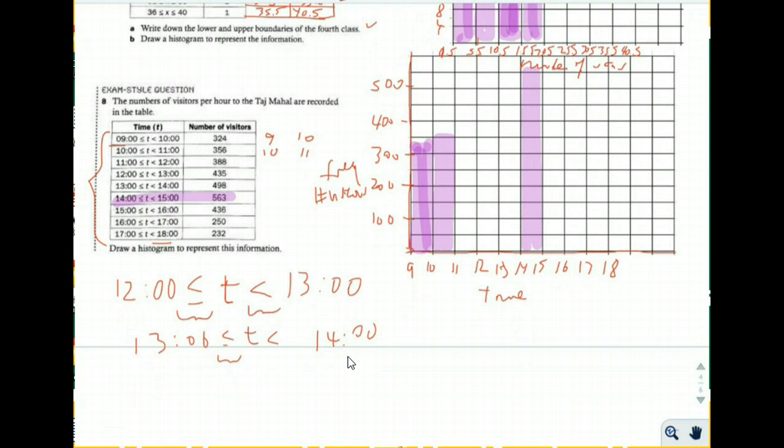So what if a person arrived exactly at 1300 hours? Which class would he be in? Well, he would be in this class, right? Because 1300 is greater than or equal to 1300 hours, but it's not less than 1300 hours. So since they use less than or equal for the left and less than on the right, there's no doubt which class the borderline times fall into.